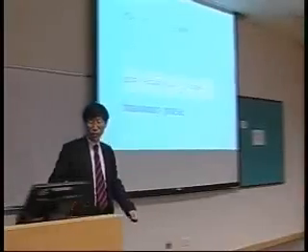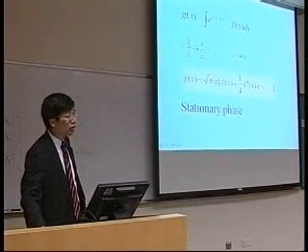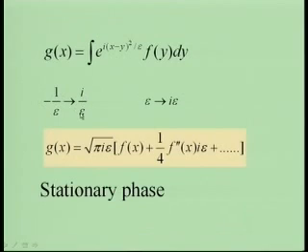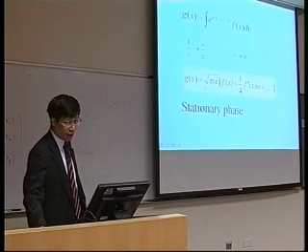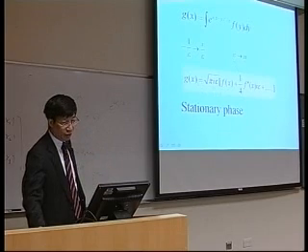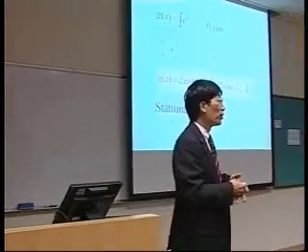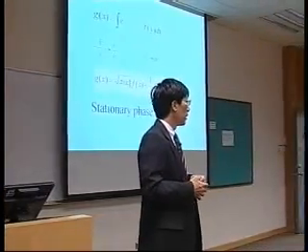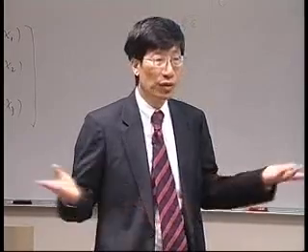Now, in a mathematical sense, you can sort of forget about all this and simply do a substitution, because from the previous problem to this problem, it's just changing minus 1 over epsilon to i over epsilon, or in other words, changing epsilon to i epsilon. So you just take the previous formula and change epsilon to i epsilon, you get this formula. Right? So you can think of it as analytic continuation in epsilon, if you like. All right? So you get this formula.